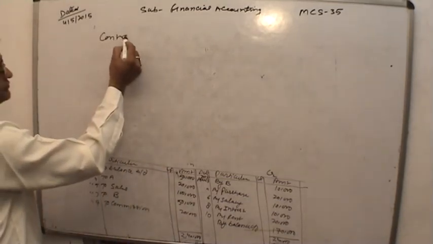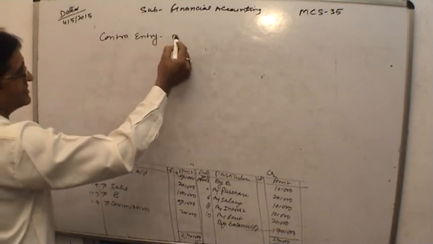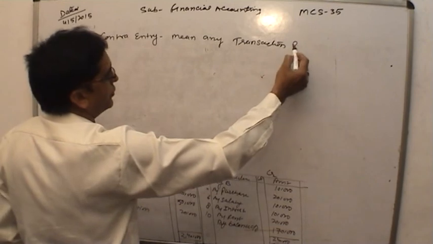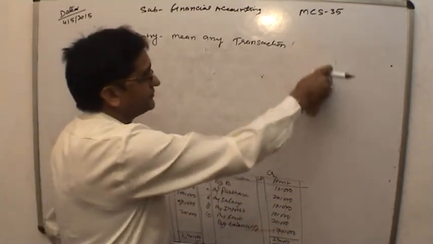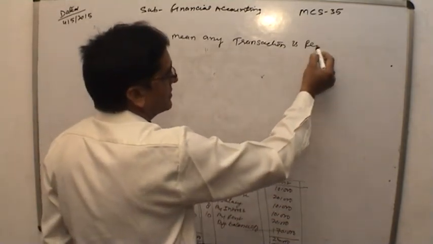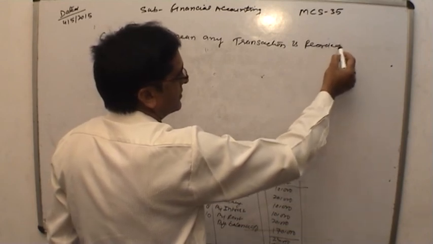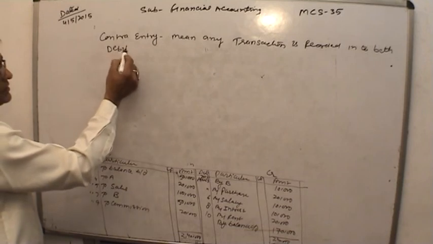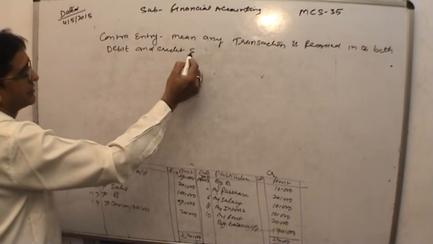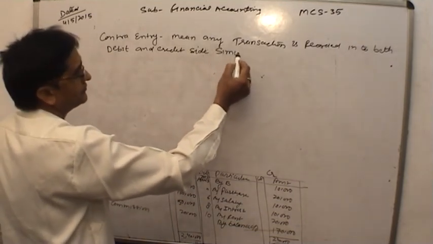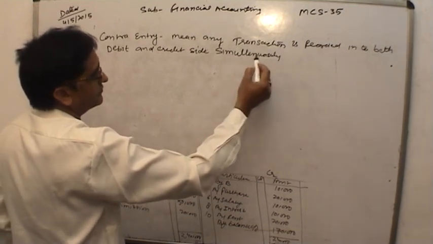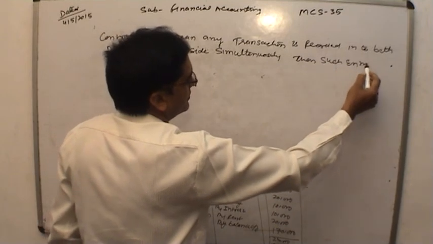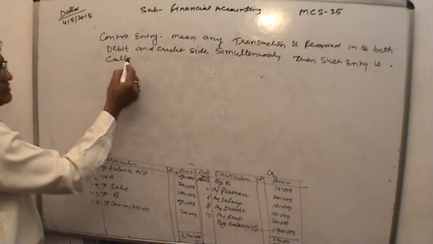Contra entry means any transaction recorded into both debit and credit side simultaneously, and such an entry is called contra entry.